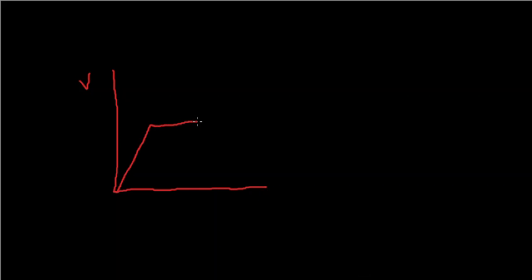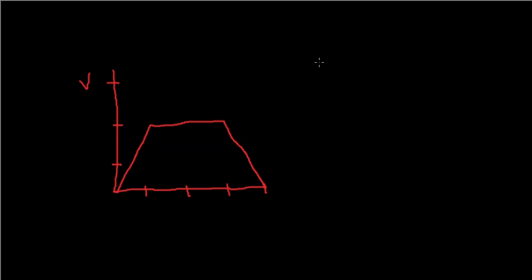I'll try my best to draw this. And so this is T1, T2, T3, T4. So this is going to be velocity 1, 2, 3. And so there's two questions.